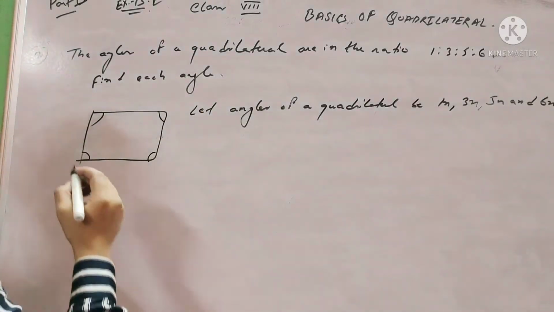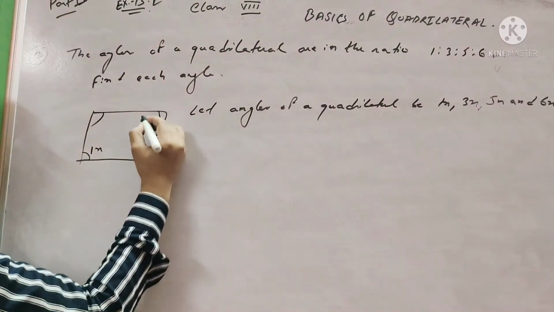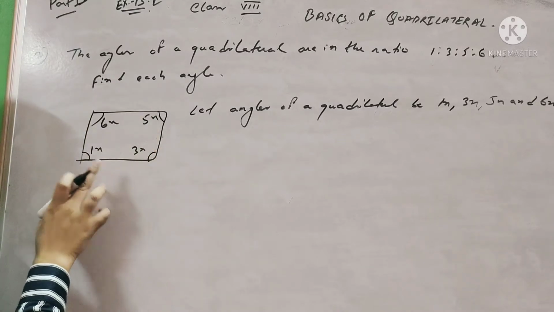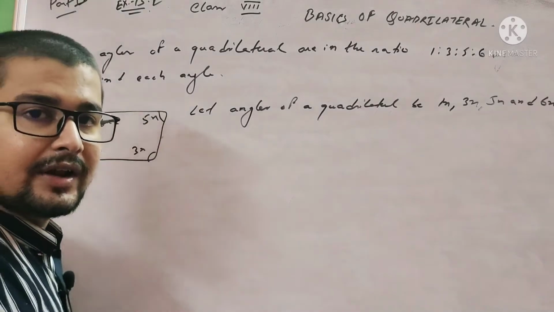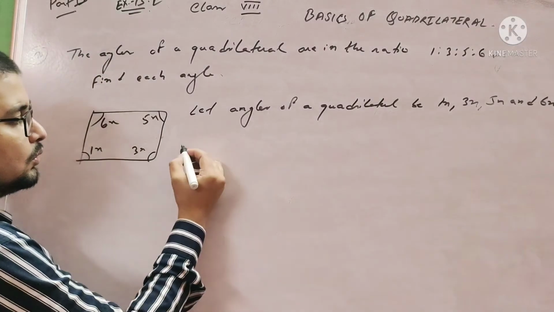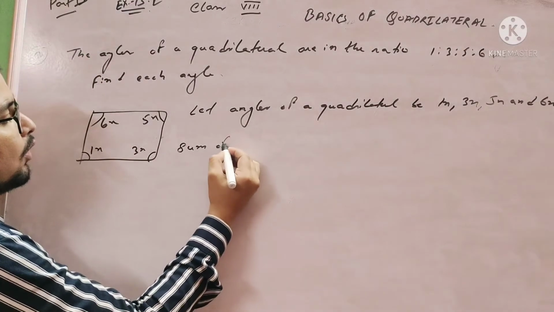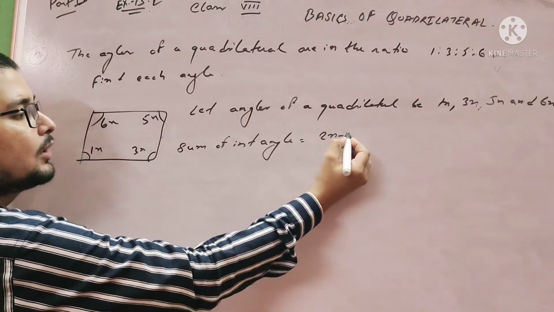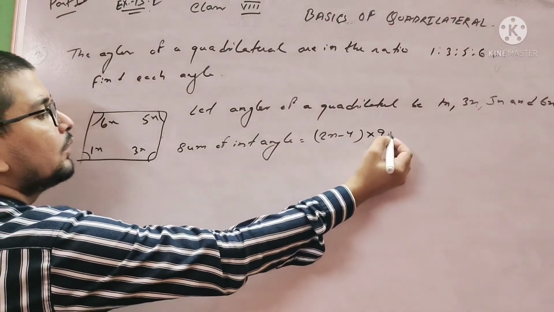Done. This is 1x, 3x, 5x and 6x. This is a quadrilateral, four-sided. First of all, we calculate the sum of interior angles of a quadrilateral. So sum of interior angles equals, know the formula, (2n minus 4) into 90.